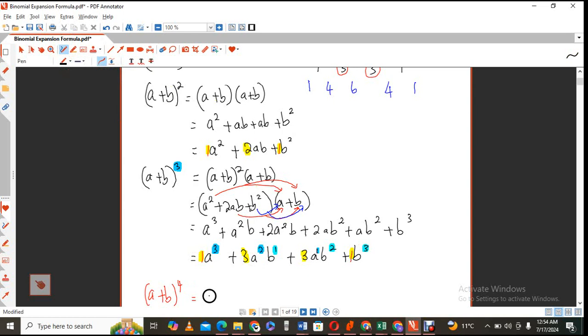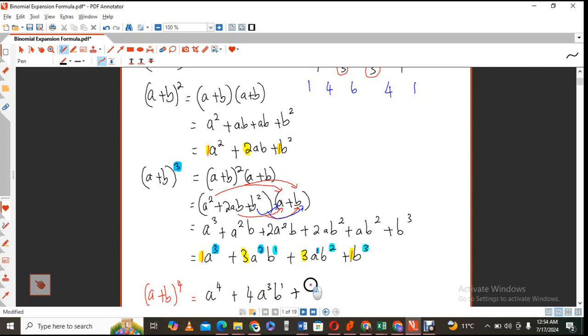So I'm going to have the powers of a, as I said, they are going to go down. So a raised to the power of 4, the coefficient is 1. And the next one, the coefficient is 4, according to that triangle that I have there, that pattern. So it's going to be 4. a is going to now decrease and b is going to gain 1.